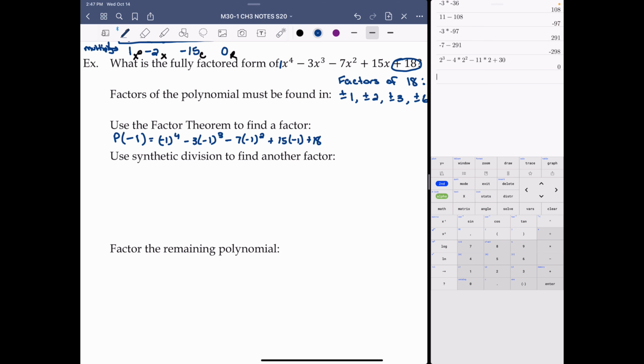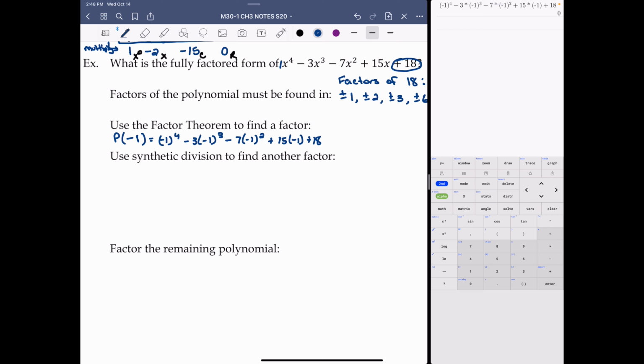We have negative 1 to the power of 4 minus 3 times negative 1 to the power of 3 minus 7 times negative 1 squared plus 15 times negative 1 plus 18.